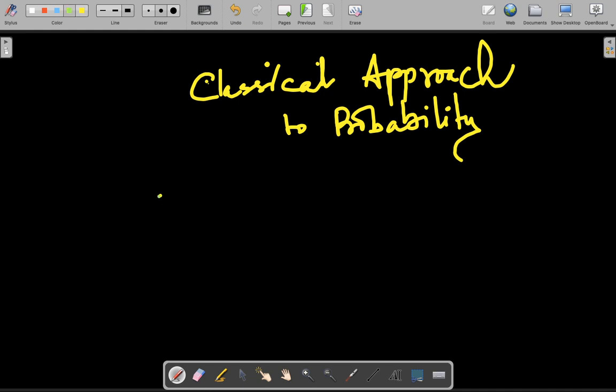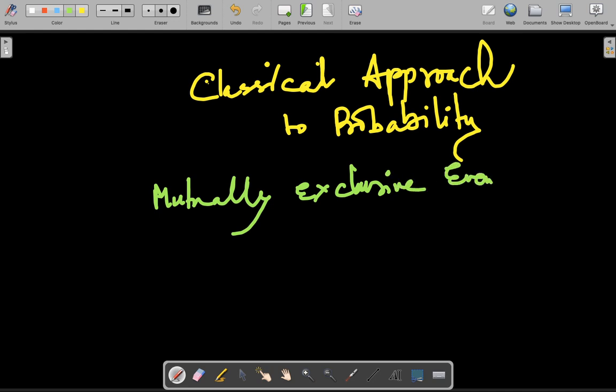When we define this classical theory of probability, we'll be using these terminologies, and let me just write it down. One term is called mutually exclusive events. What I mean by mutually exclusive events is that two or more events can't occur simultaneously, or occurrence of one event implies non-occurrence of the other.